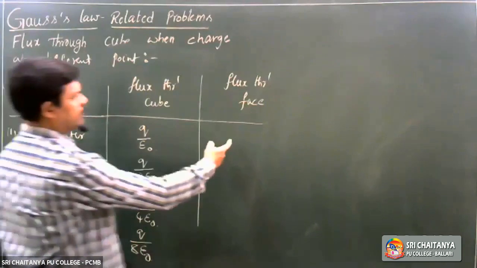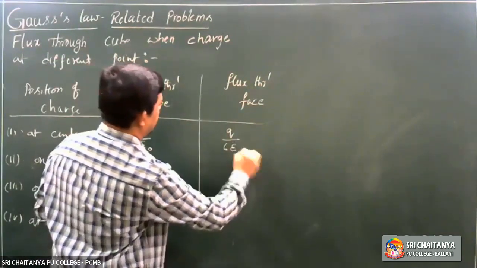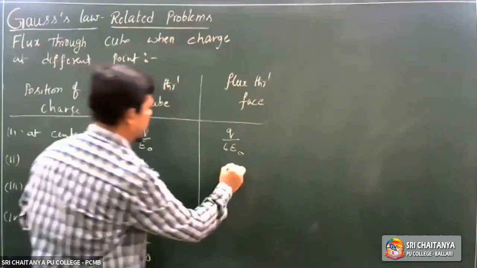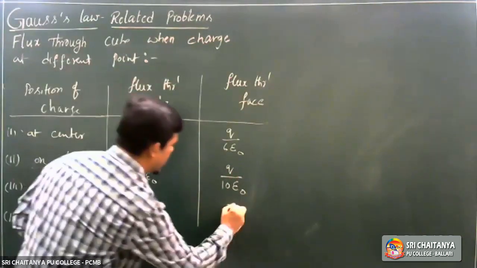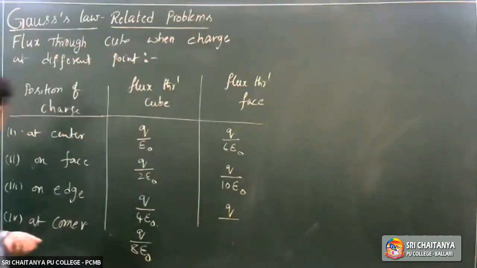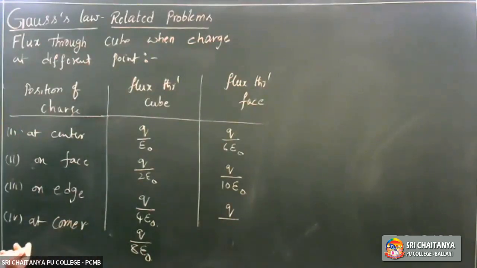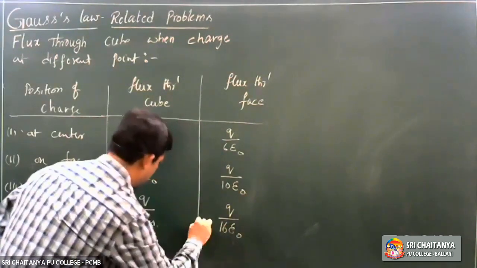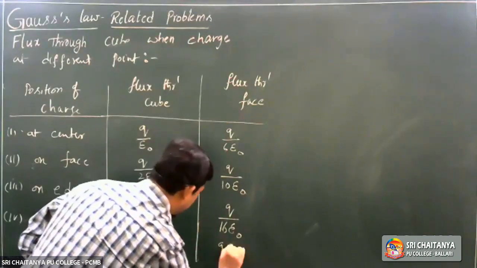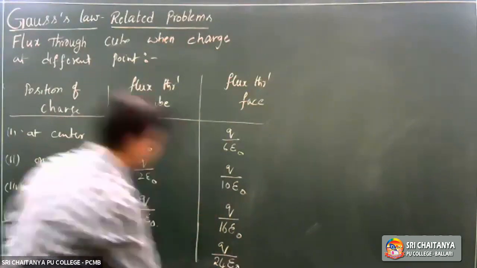When you come here, flux through each face: Q by 6 epsilon naught. This is Q by 10 epsilon naught. This is Q by 16 epsilon naught. And this is Q by 24 epsilon naught.